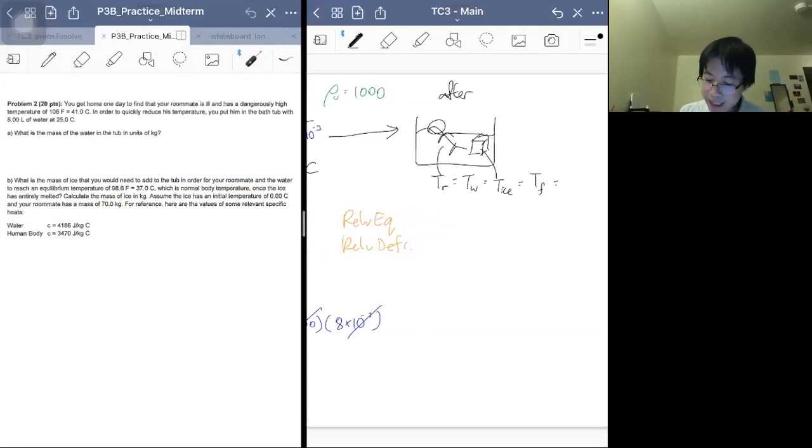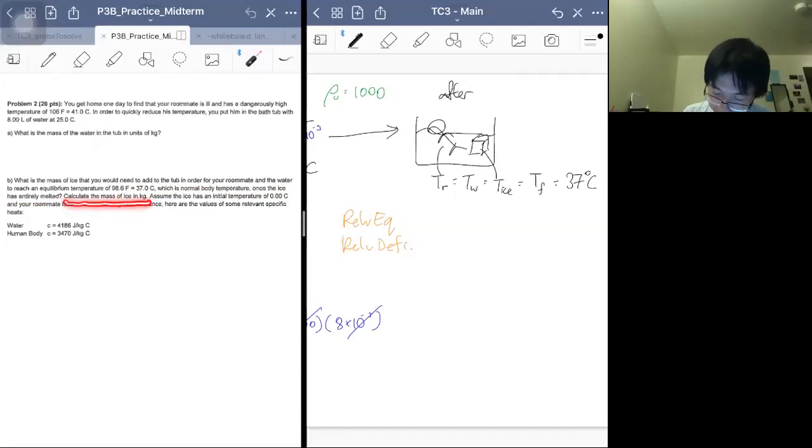So equilibrium means everything has to be the same at how many degrees? 37 degrees Celsius. All right, normal body temperature, that's perfect. So I have everything up to here. Once the ice is entirely melted, yep, that presumably is going to be melted. I'll keep the diagram clean.